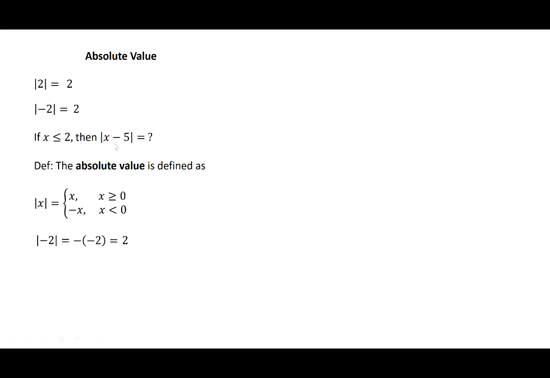So we clearly know that x minus 5 is negative if x is less than or equal to 2. And the absolute value of a negative quantity, therefore, should be the negative of the quantity. That is, this should be negative of x minus 5, which is equal to 5 minus x.